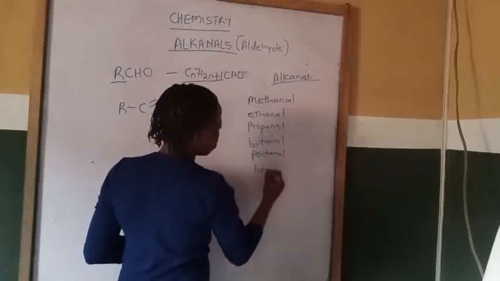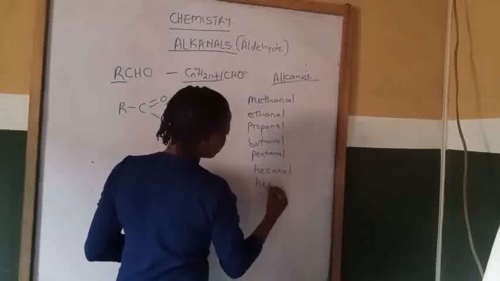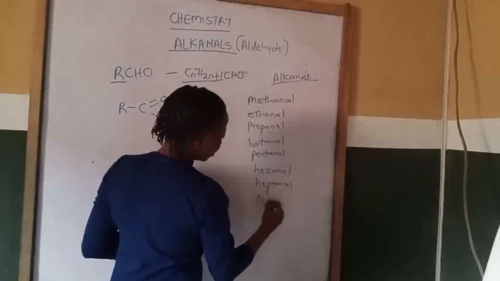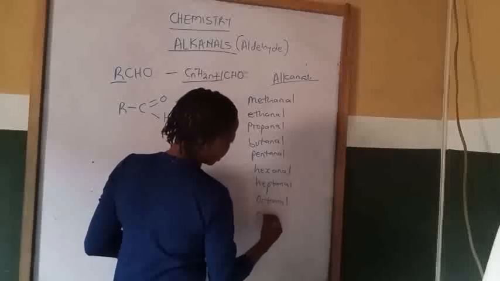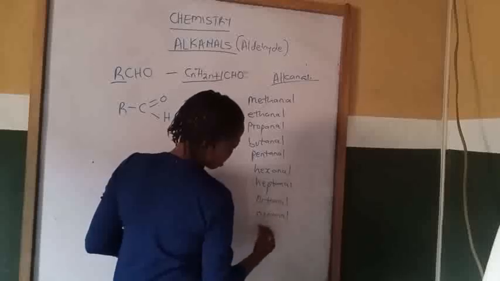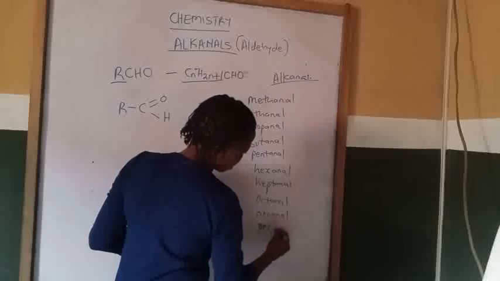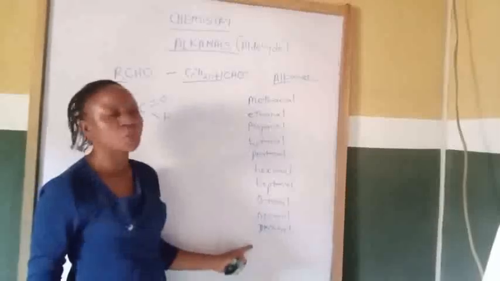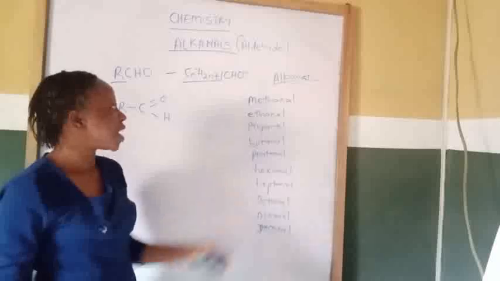The sixth member will be hexanal, followed by heptanal, then octanal, then nonanal, and decanal. So these are the first 10 members of alkanal.